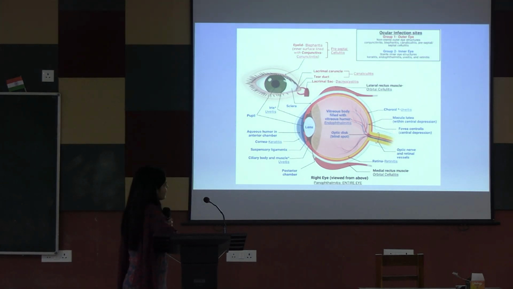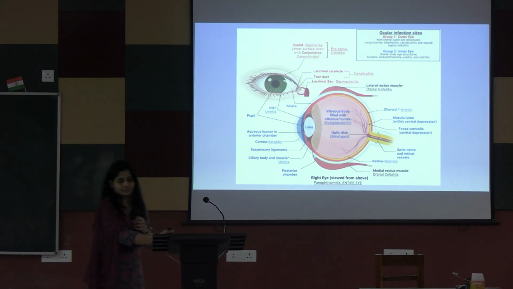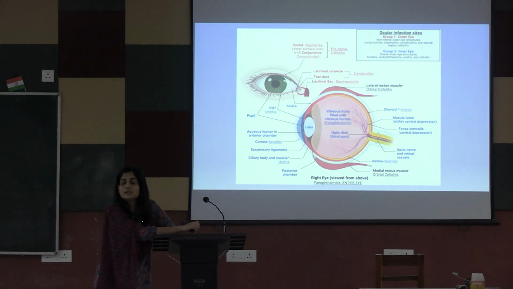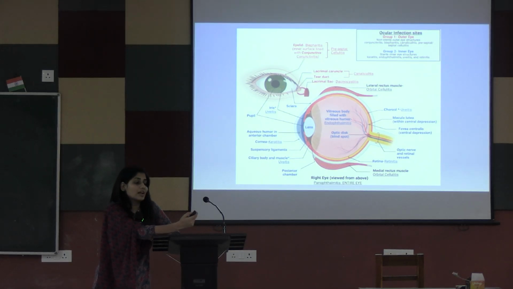All these infections could be due to any bacterium or virus, or as a sequel to any systemic disease in the body. For example, granulomatous lesions, such as in leprosy or any other granulomatous diseases that you know about, can also cause endophthalmitis.